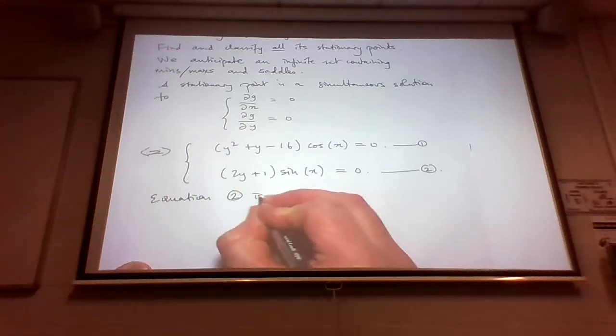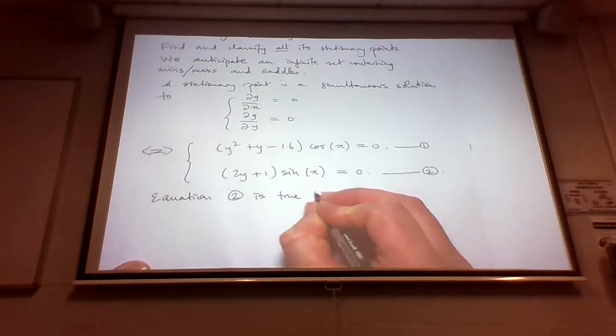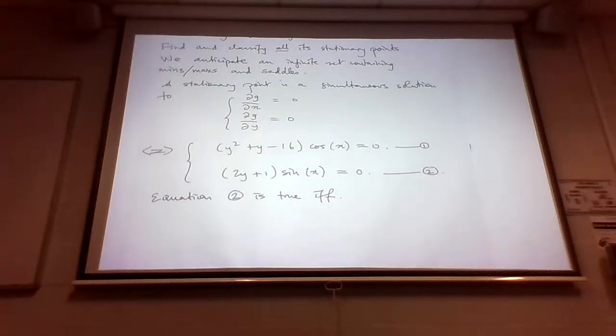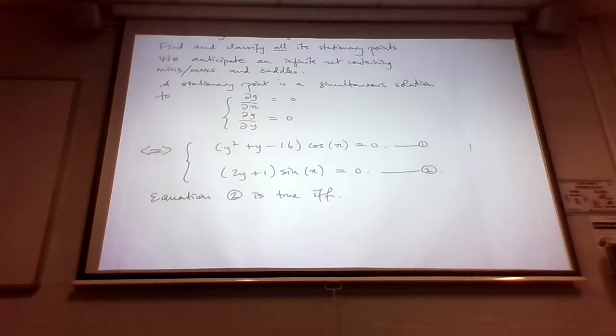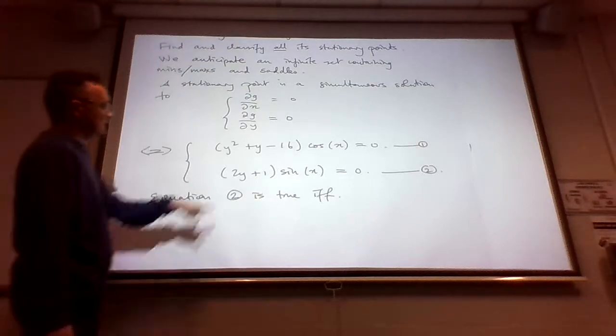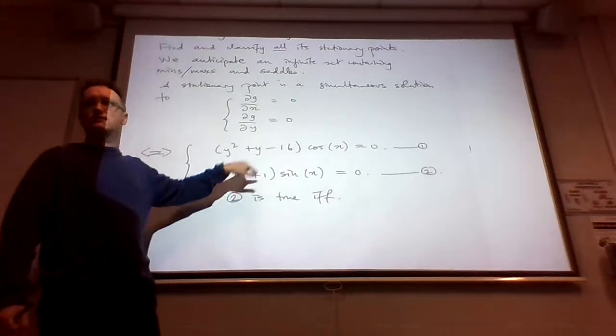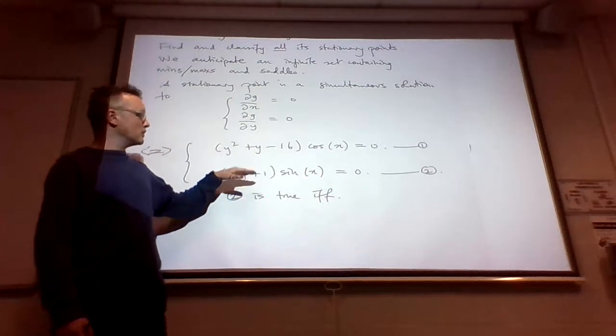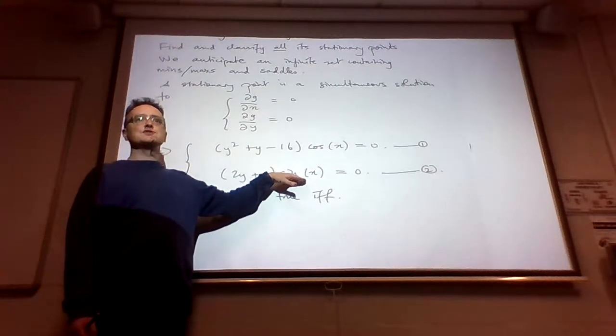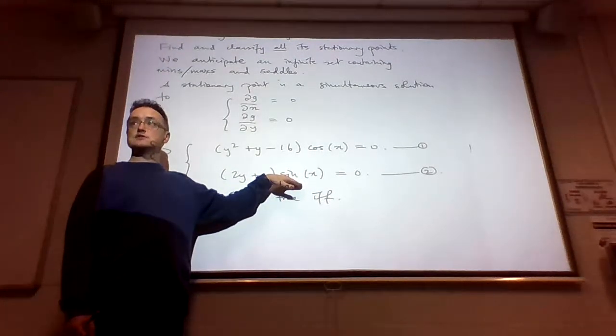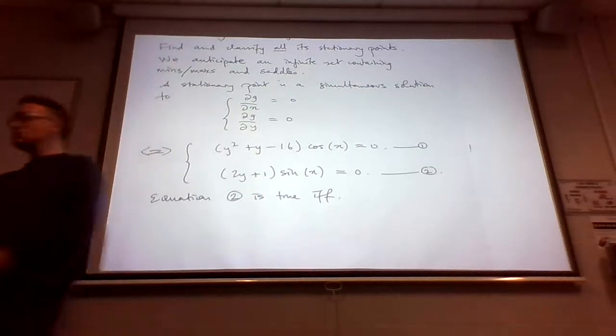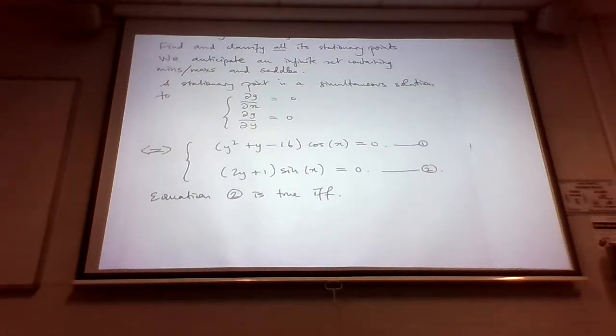So equation 2 is true if and only if... it's easier to describe the solutions to equation 2. Well, it's a product of these two factors, so it's 0 whenever either of the factors is 0. So when is 2y plus 1 zero? Well, that's easy enough.